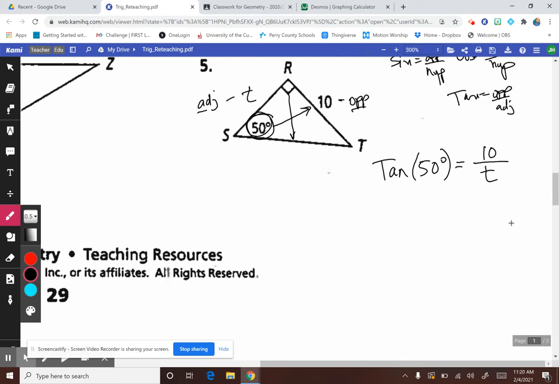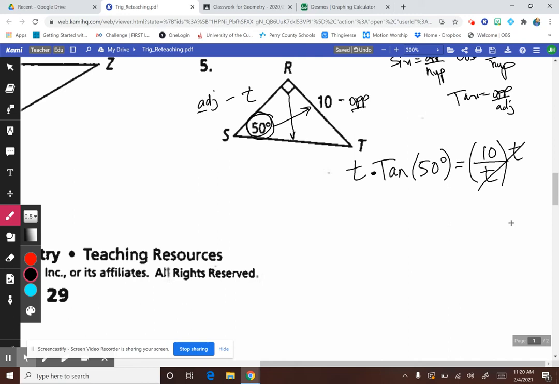In order to get rid of that T, watch what happens here. I need to multiply by T, which means I multiply by T over here. The problem is this cancels out, but I still have the tangent of 50 degrees being multiplied times T, and I still don't have T by itself.